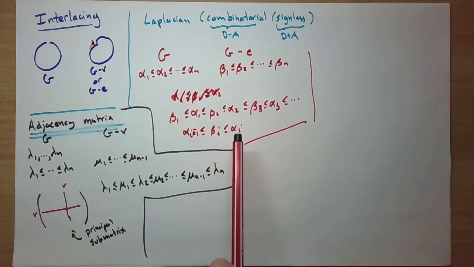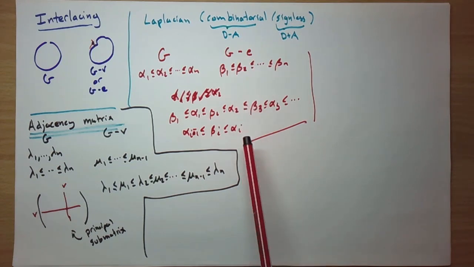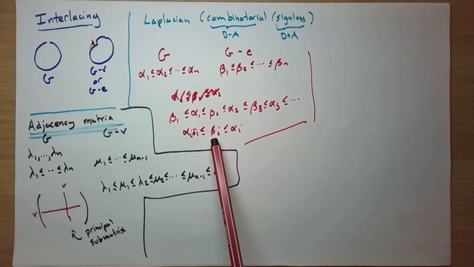More or less, what are we learning? When we delete an edge, what should happen to our eigenvalues? Alpha was the one where we kept the edge, and beta was the one where we took out the edge. Our eigenvalues are doing what? They go down. So all our eigenvalues drift down.